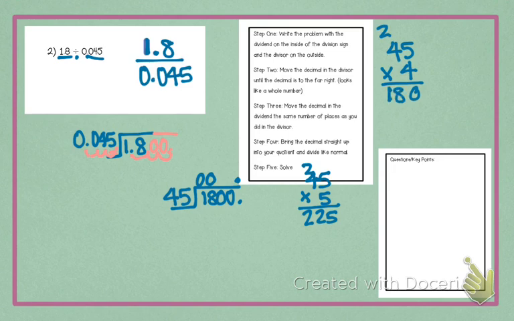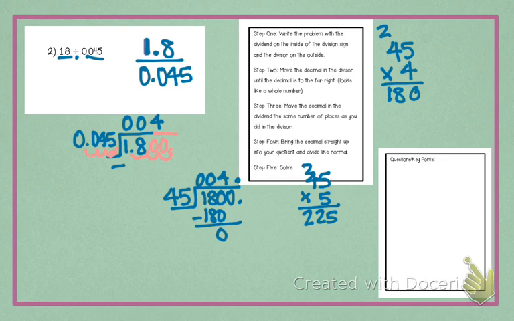Plus 2 is 18. So it goes into 1 0 times, into 18 0 times, and into 180, 4 times. I'm sorry, I'm writing that on the wrong problem.